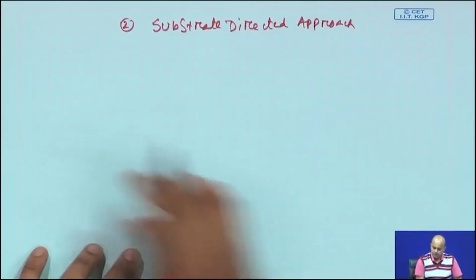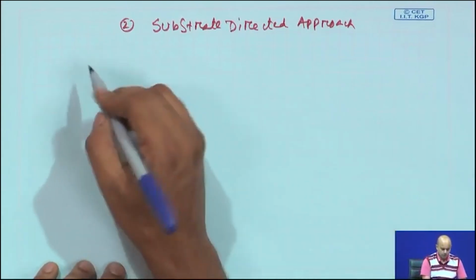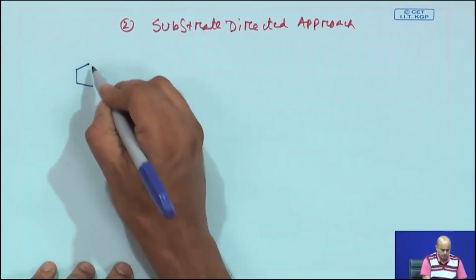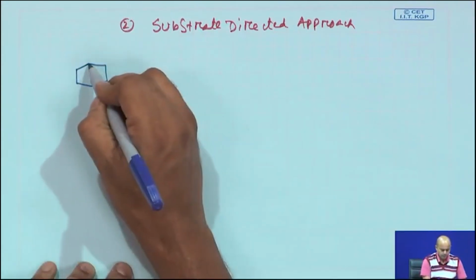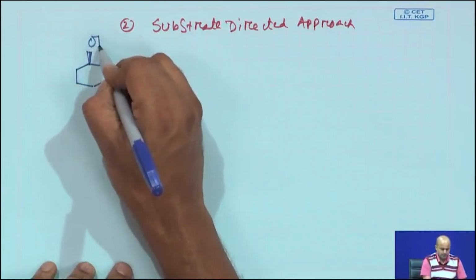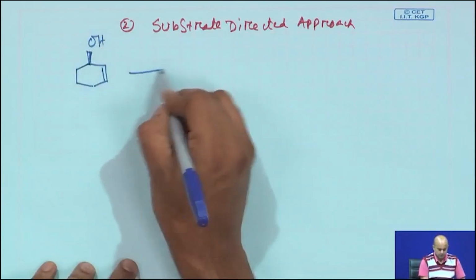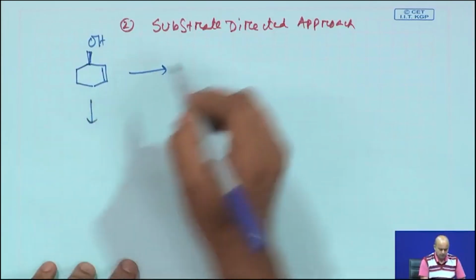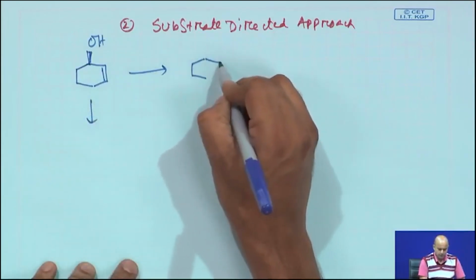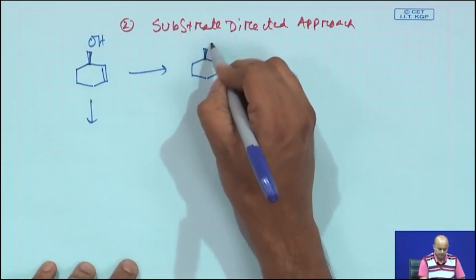Here we will go straight to some problems; I will assign some problem to you. I will say that I will be having this particular compound, and from this I want this target.